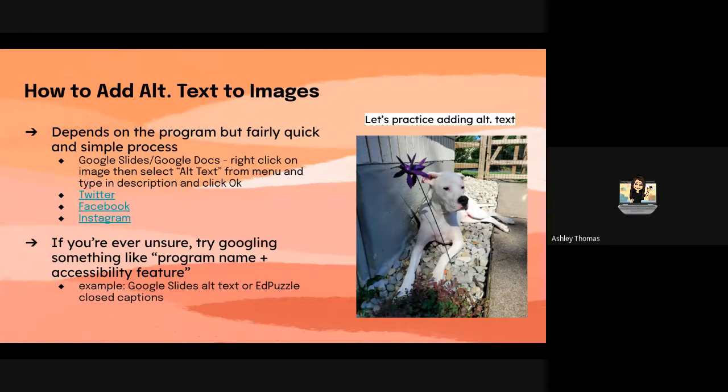Here's how we add alt text to images. Again, it depends on the program or where you're using your images. But overall, it's a fairly quick and simple process. So again, what I did here is I linked, because obviously this is geared towards education and whatnot, but I also think that it's important to be consistent.